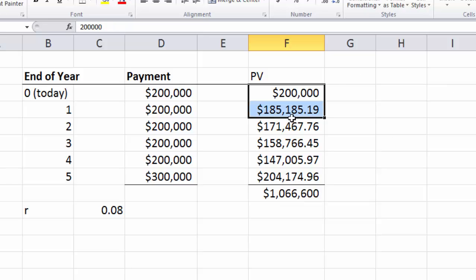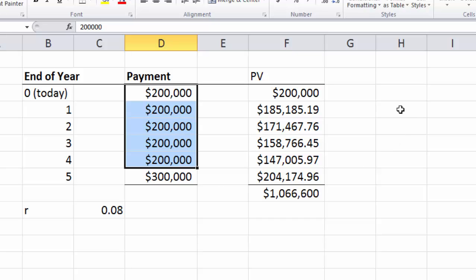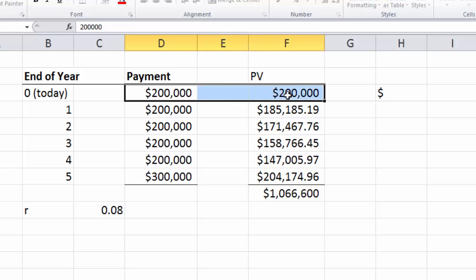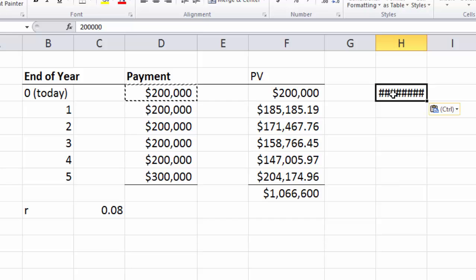Now, what I showed you was a tedious way to do it. An easier way to do this, because the first 4 payments are the same, looks an awful lot like an annuity. So we could have the present value of that annuity for the first 4 years. And we could take the amount today, that's already in present value terms, so we could just bring that right over. Control C, Control V. Just paste that.